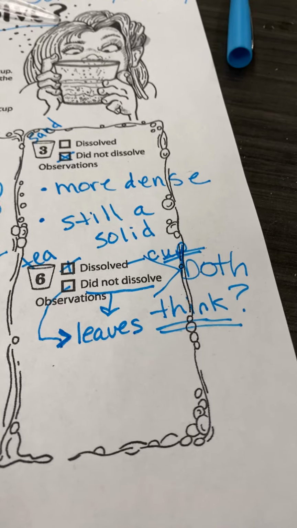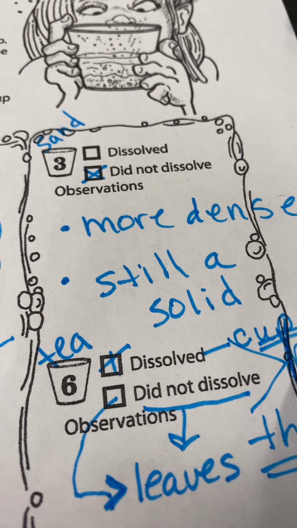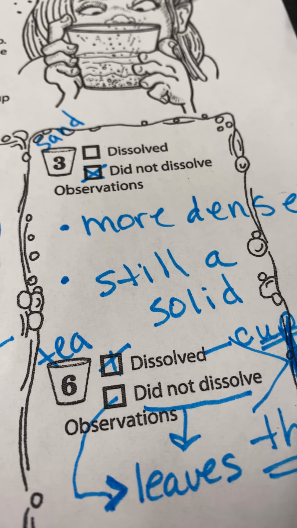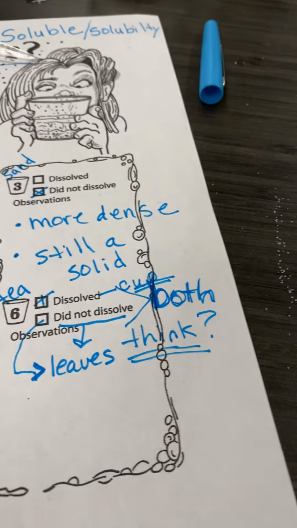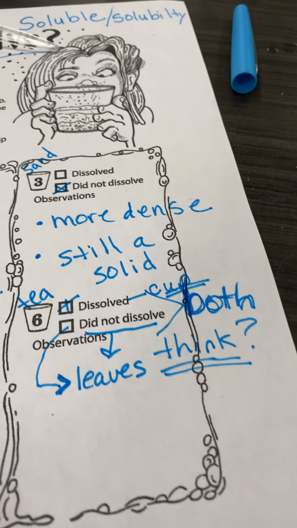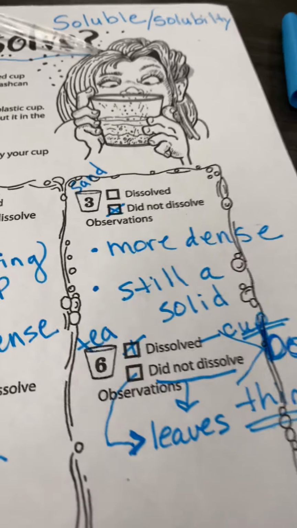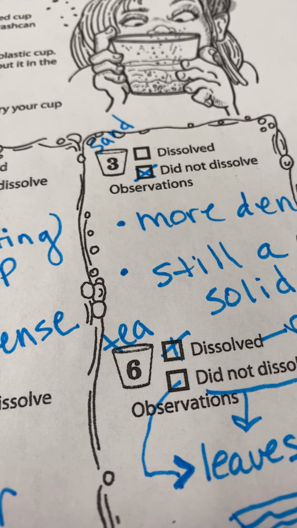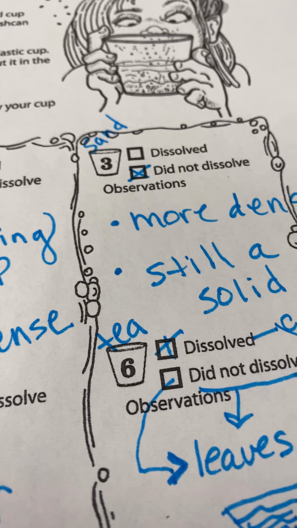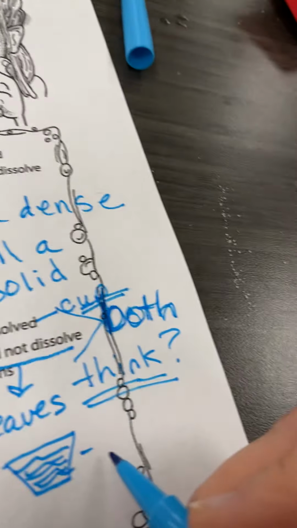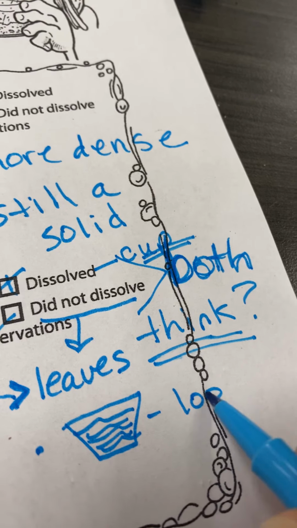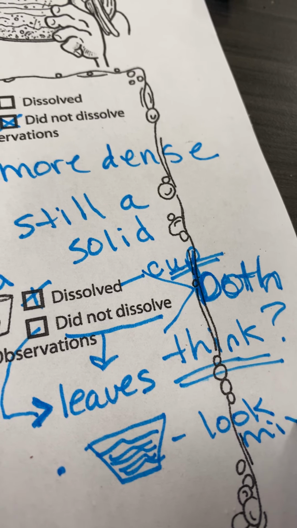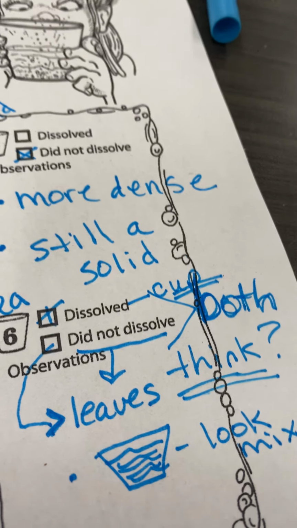So that one is a tricky one. You have to do some thinking about how they are asking you this question. You might even want to draw yourself a little picture. In one, it does look evenly mixed. It looks mixed, so I would say it's soluble.